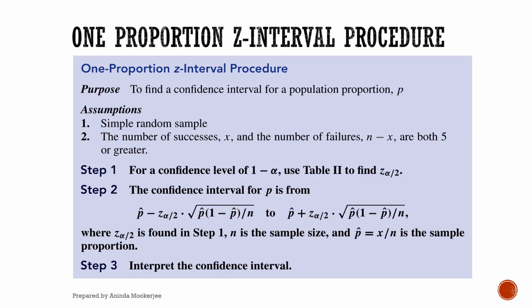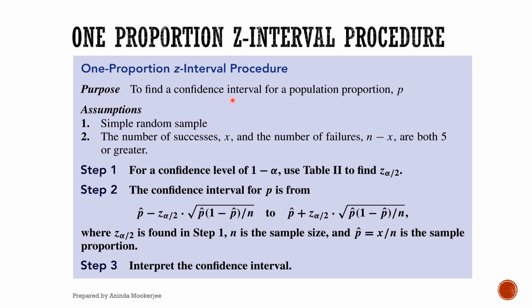Now that we have talked about the sampling distribution, let's go into how to find the confidence interval. The good thing about proportions is that we use the Z distribution for all inferential studies using proportions. So, the one proportion Z interval procedure.